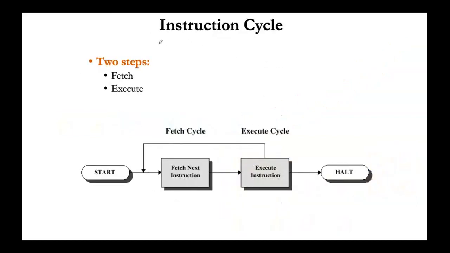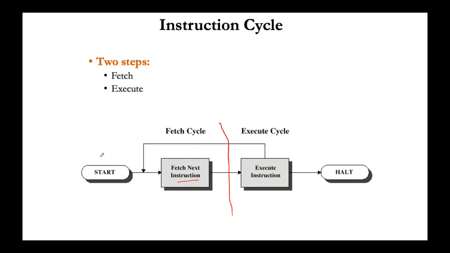So generally, in the instruction cycle, whatever instruction is given, it is divided into 2 parts: the fetching and the execute part. So when it starts, it goes for the fetching instruction. So there are 2 parts, your fetching and your execution side. In fetching, it fetches the next instruction.